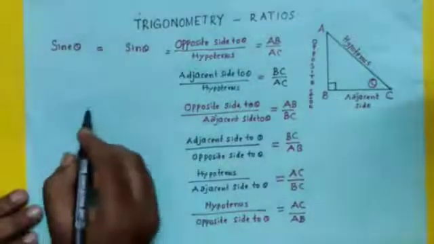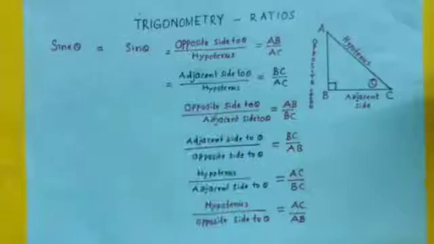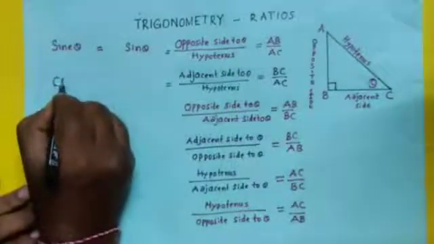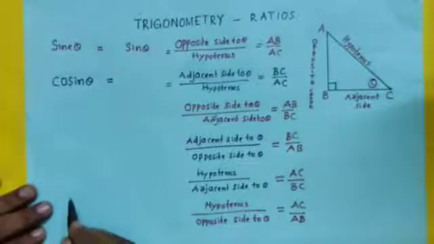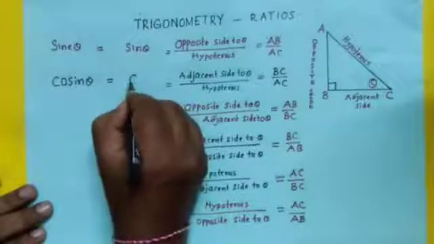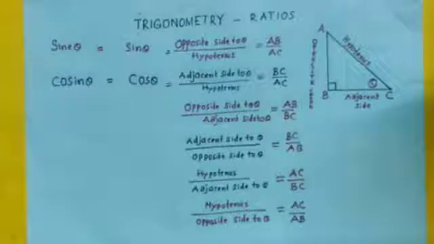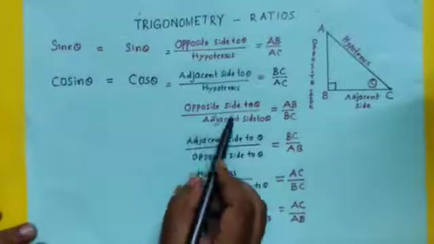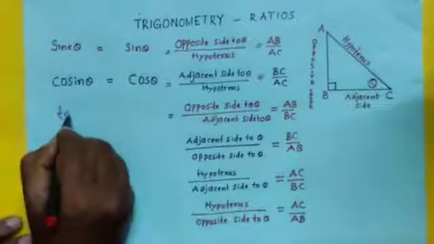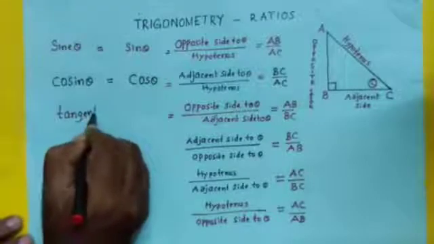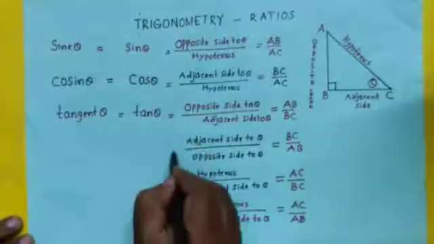The next one, the adjacent side to theta by the hypotenuse, BC by AC, we say as cosine theta, briefly cos theta. Is it clear now? The next one is AB by BC, opposite side by adjacent side. This is treated as tangent theta, briefly tan theta.